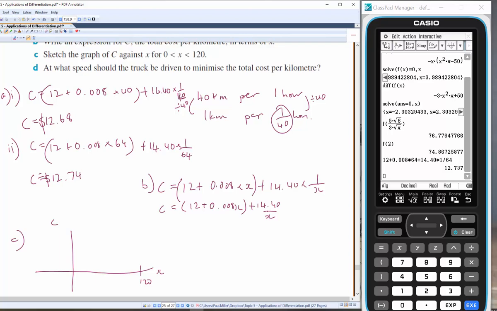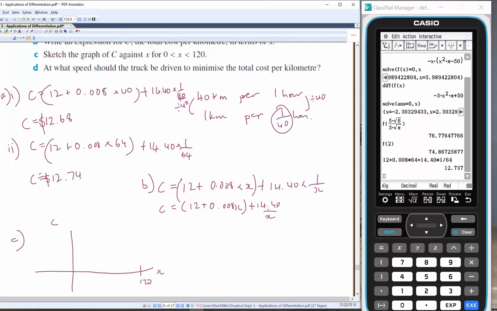It's going to make this massive, i.e. the cost is going to increase astronomically if the truck drives really slow because the driver's going to get paid a bucket load. Never mind the fact that this is small, that kind of is negligible there.